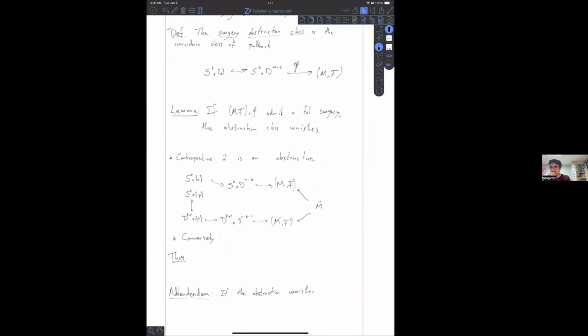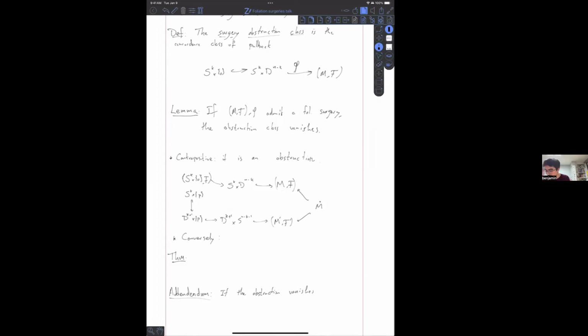The picture is we start with M_F. We pull back the foliation to this sphere. If we had a surgery, we have this F prime. And so we can pull that surgery back to the co-attaching region, or however you call it, of the surgery, the thing that we glued in sideways.